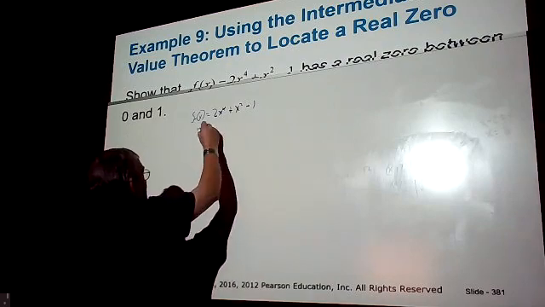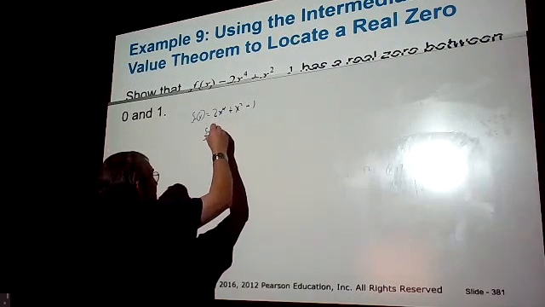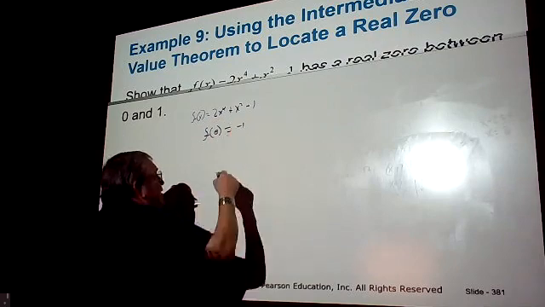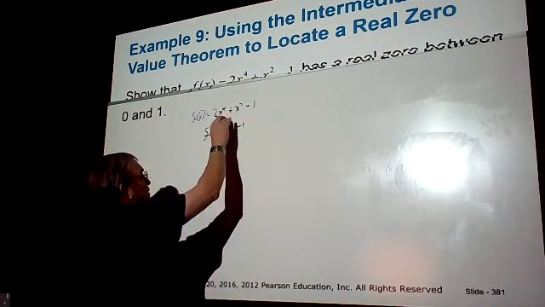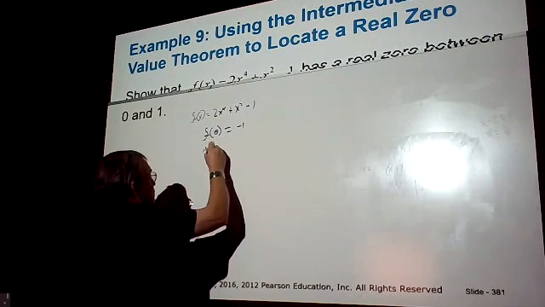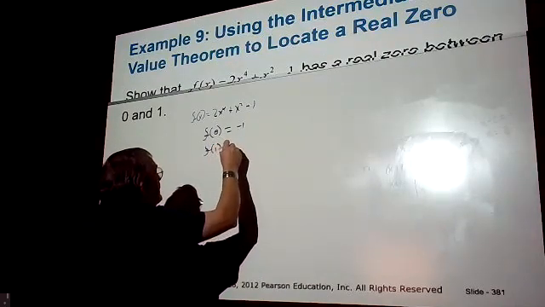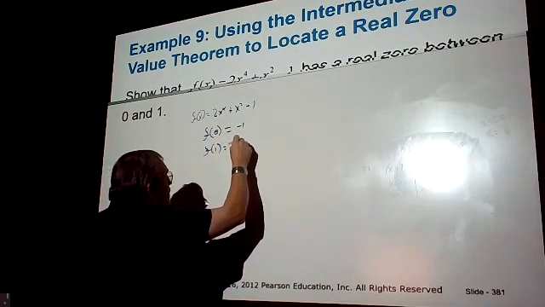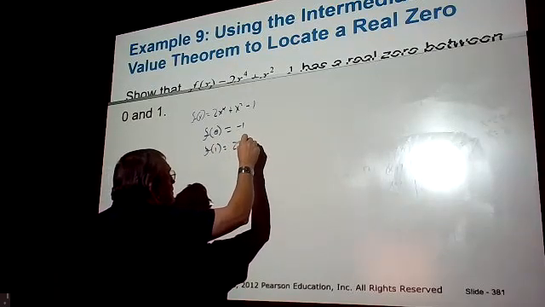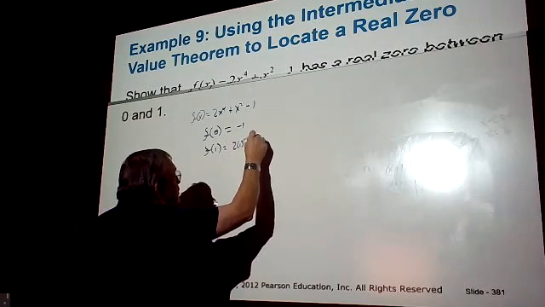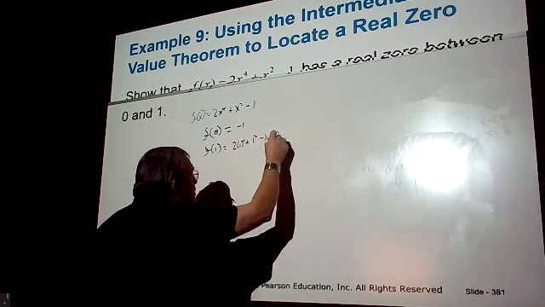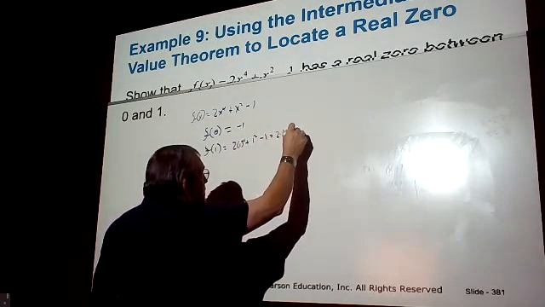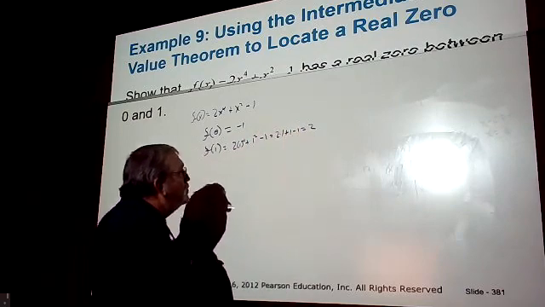So doing f of 0 is trivial. It's just negative 1, right? Because these two go to 0. And then f of 1 is 2 times 1 to the fourth plus 1 squared minus 1, which is 2 times 1 plus 1 minus 1, which is 2.